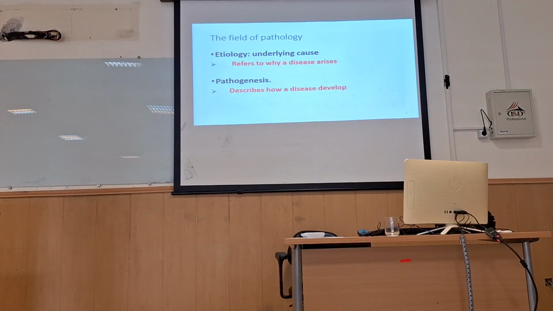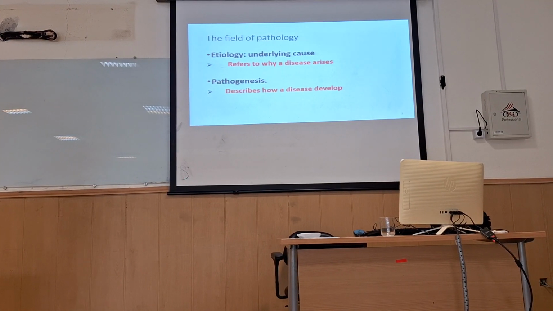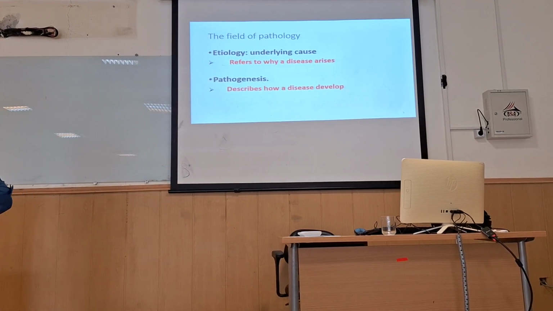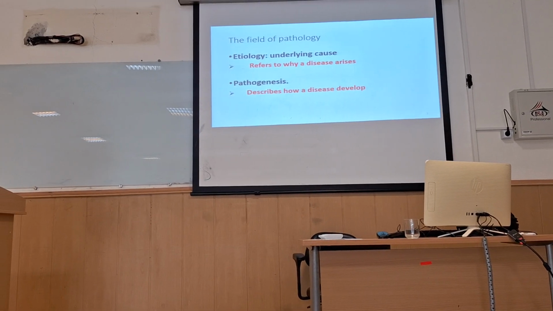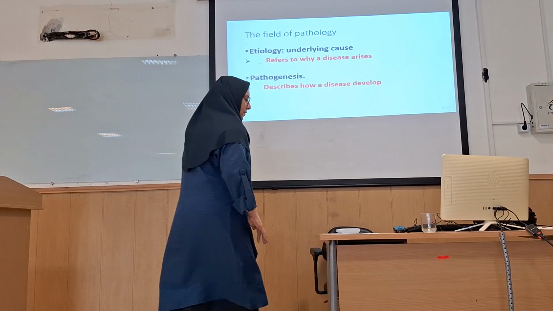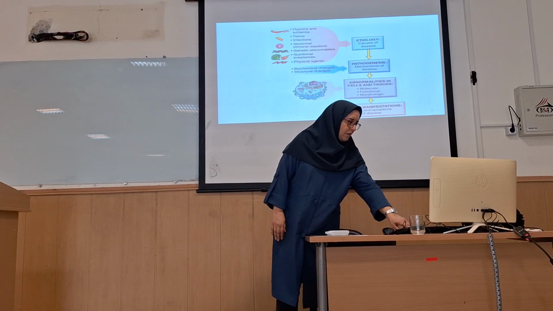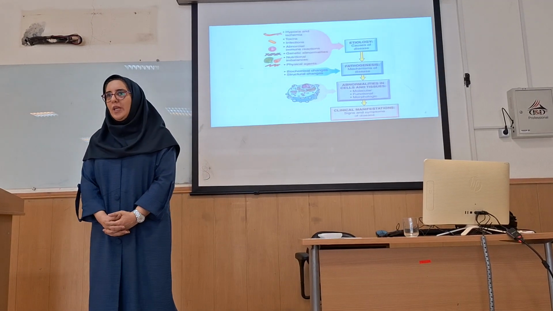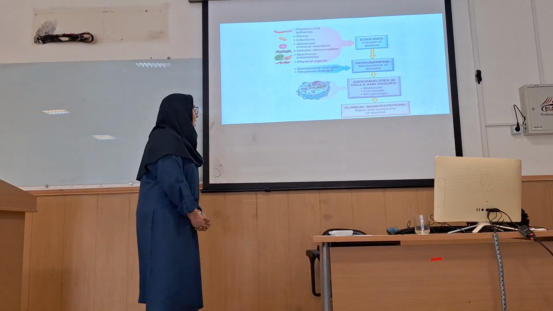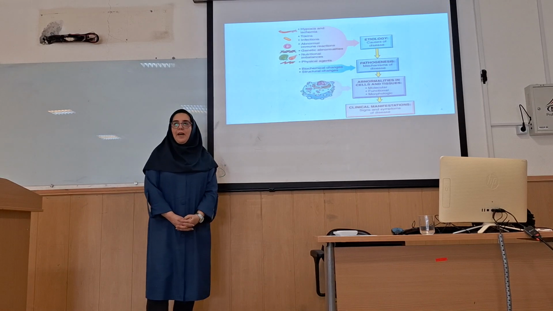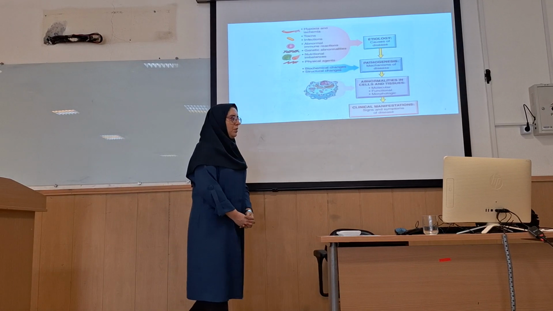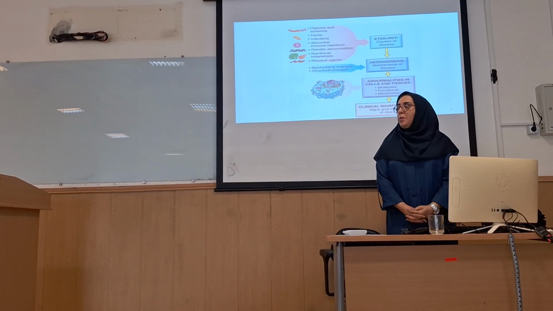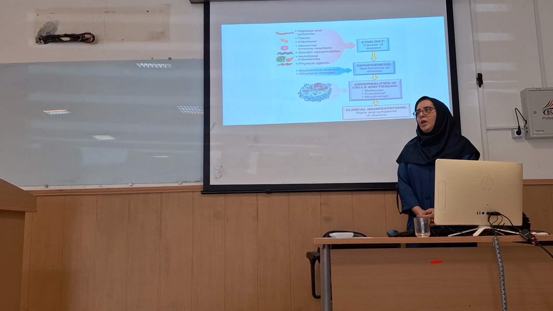All of the etiologic agents cause disease, cause symptoms and signs in a patient. Pathogenesis describes how a disease progresses. In our world, we have etiologic agents. Etiologic agents are very various. For example, hypoxia and ischemia are very common.